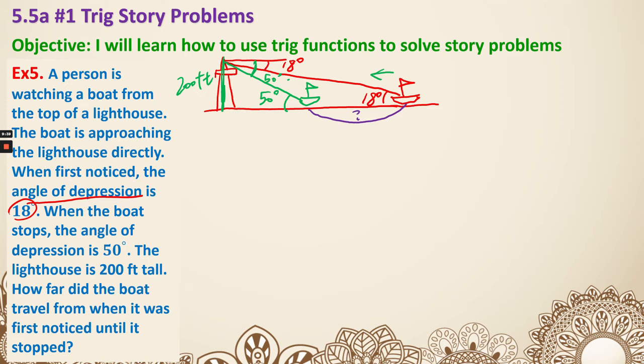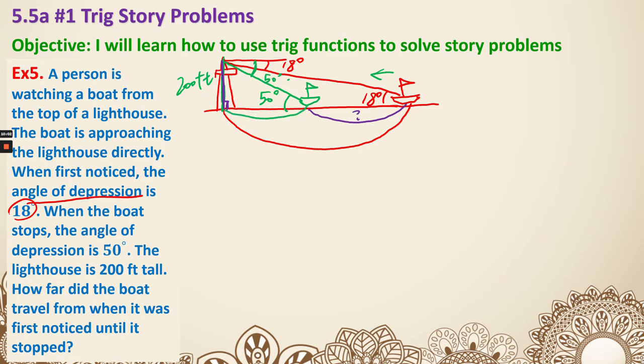But here's another thing. Remember, this is the lighthouse, and this is always 90 degrees. That didn't change. And no matter which triangle you are looking at, you're still using that side. So first, the boat at first is this far away, and then afterwards, the boat is this far away.